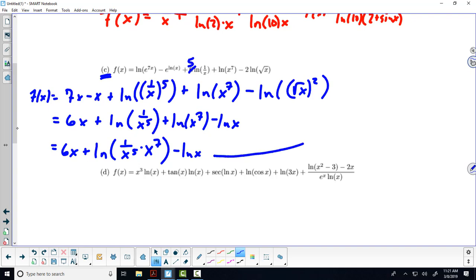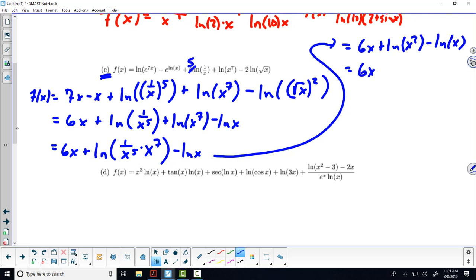Okay. This gives me 6x plus the natural log of x squared minus the natural log of x. But there's another property. I'm not going to write this one, but it's the same property but with subtraction. I've got subtraction between two logarithms of the same base with no numbers in front of them.